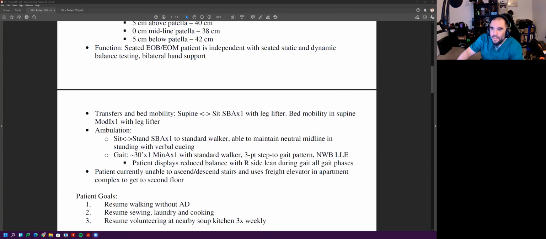So minimal assist means we, the PTA, are doing less than or equal to 25% of the work. That's from our perspective.